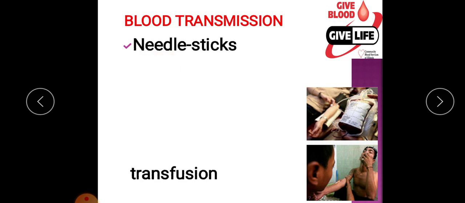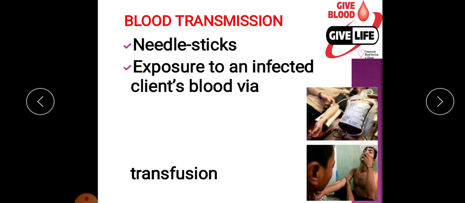If an HIV patient uses a particular needle and then it is used by another, they can infect the next person who will be using the needle.